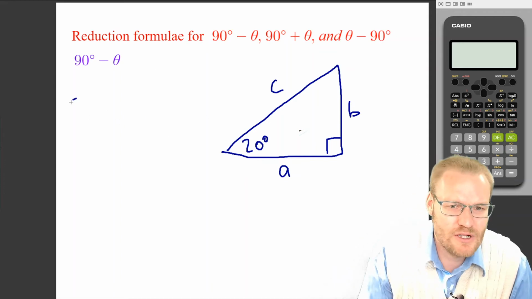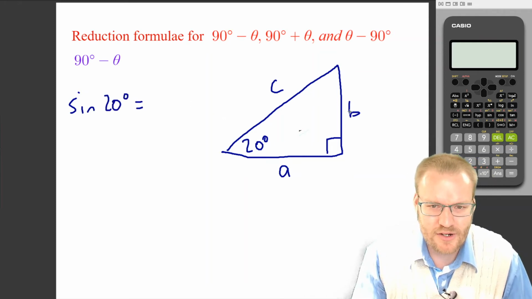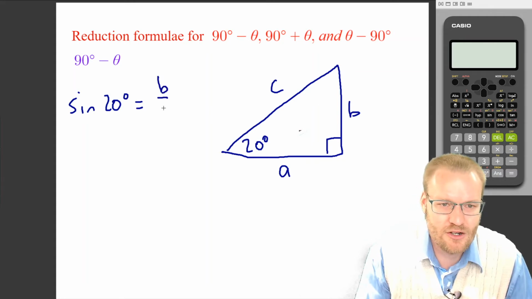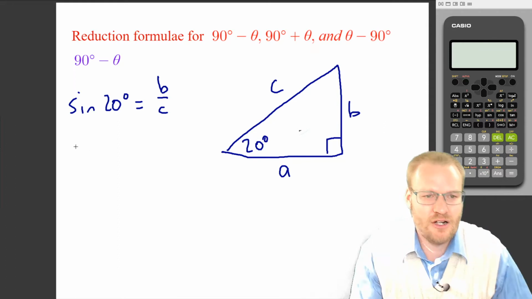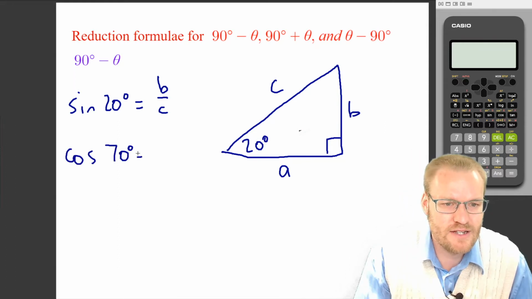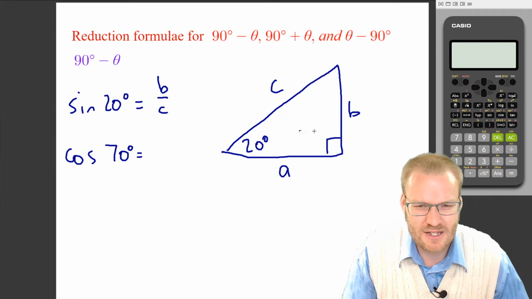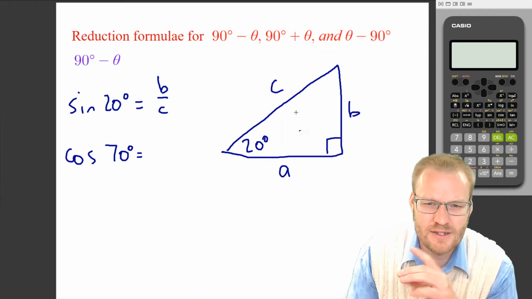And you say, well, what is sine of 20 degrees? Easy enough, right? Opposite over hypotenuse. So this one is just B over C. Now I'll ask you another question. What is cos of 70 degrees? Hopefully you said, there's no 70 in the diagram, but wait a second.